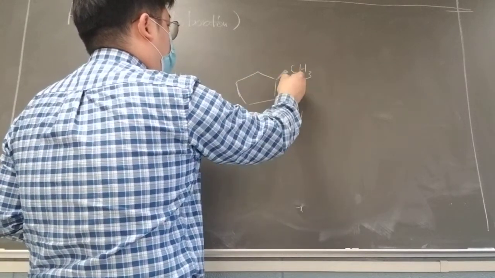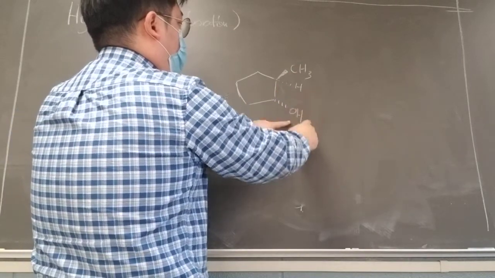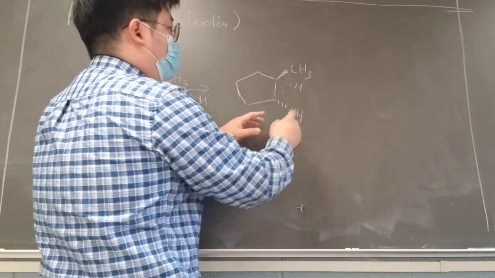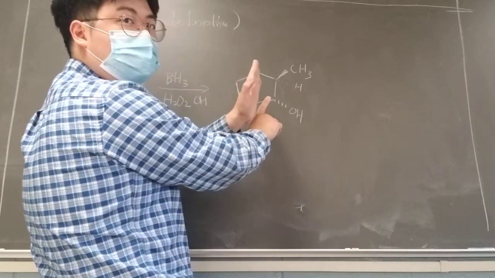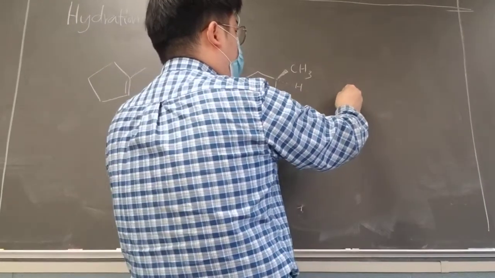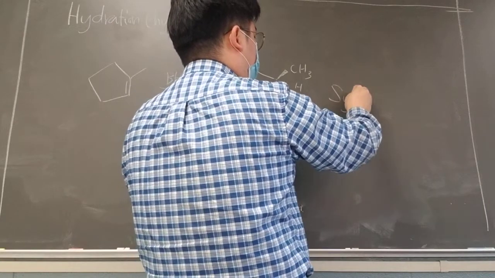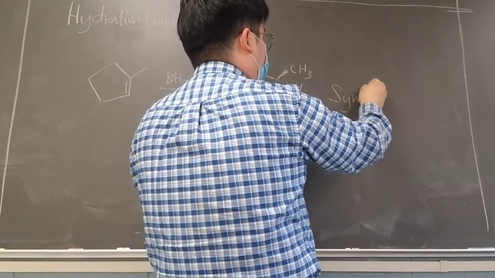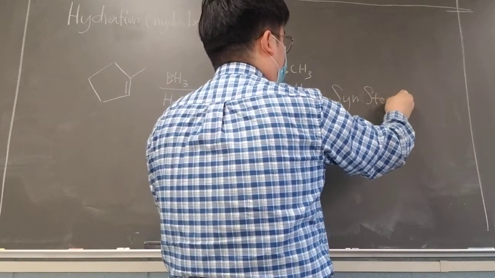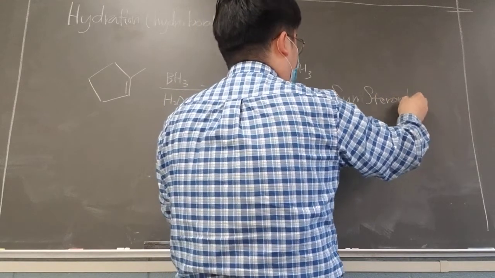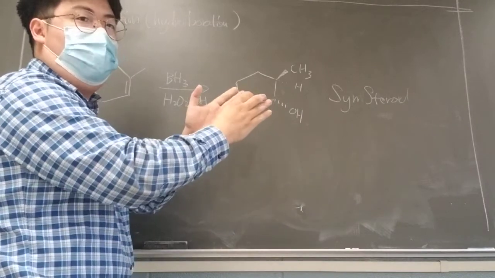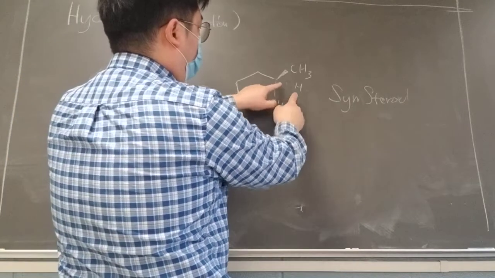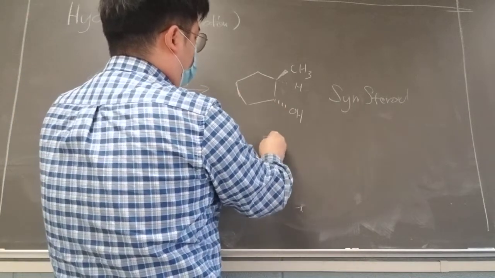So this dash line goes backward, and together with these two, you have a hydrogen group on the same face. I want you to remember this one. We call this syn stereochemistry. That simply means they're attached to the same face. They're on the back, it's because of the drawing.